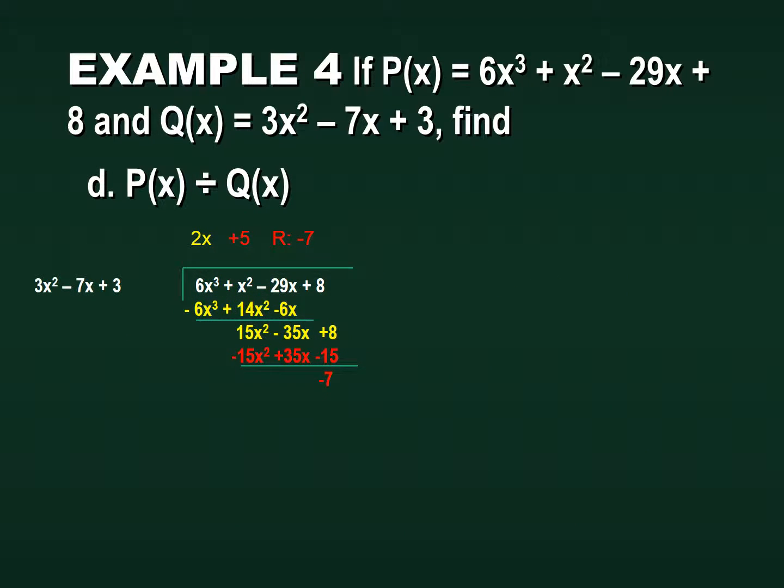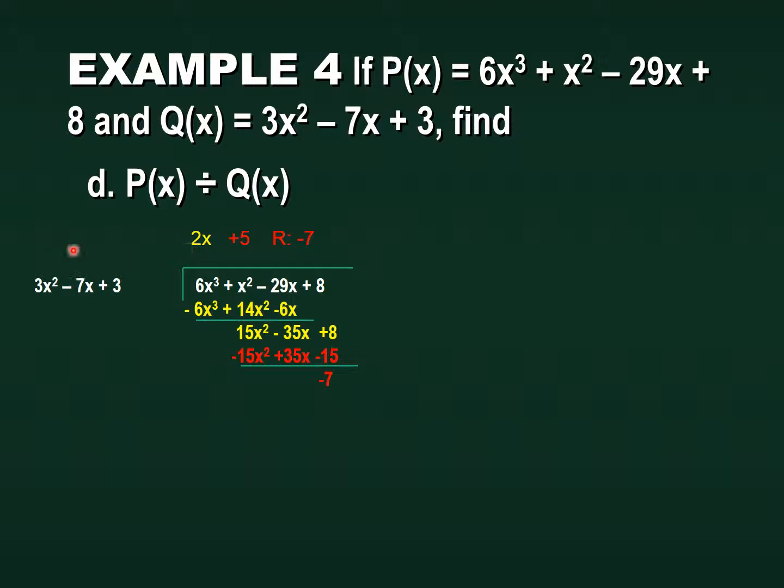Let's say we wanted to divide p of x by q of x. So this is where we start. What can I multiply 3x squared by to get 6x cubed? Well, I can multiply by 2x. So when I multiply by 2x, I'm going to multiply 3x squared, but I have to multiply every term afterwards. And I'm also subtracting because that's how we do our algorithm for long division.